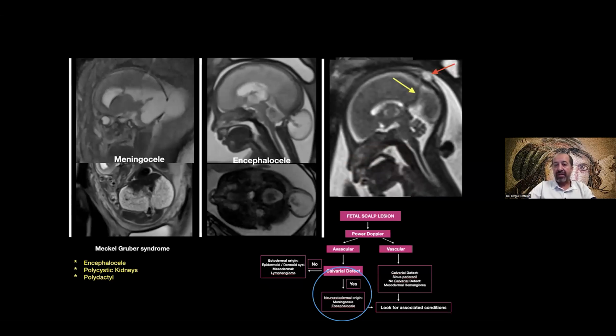We should look very carefully. These are very classical lesions, and if we know the location of the lesion and the associated findings, we will find the diagnosis very easily.